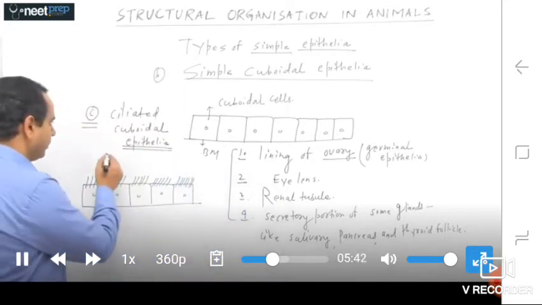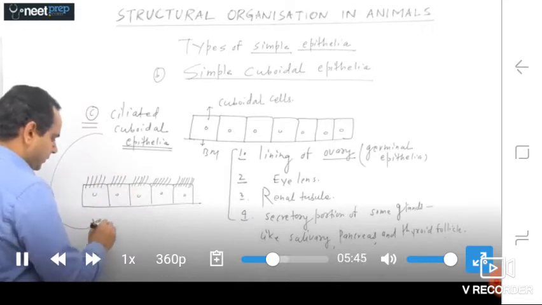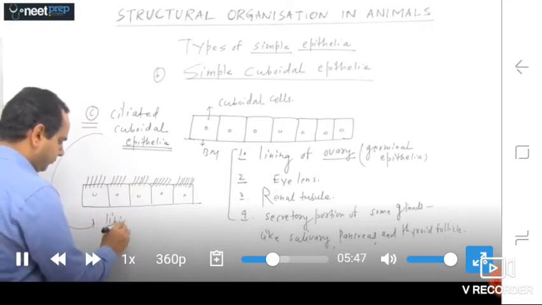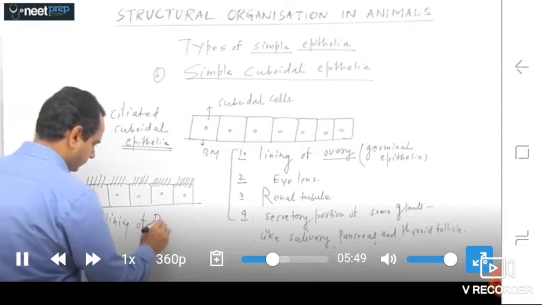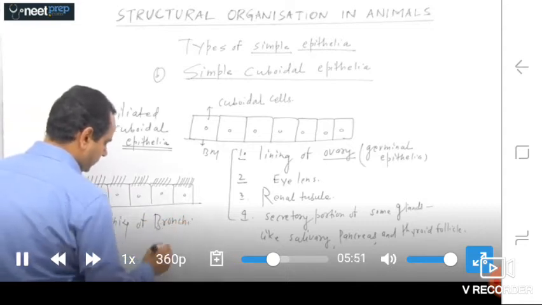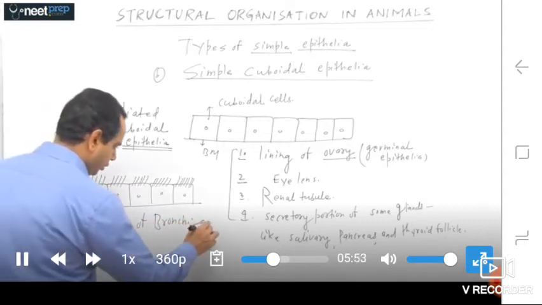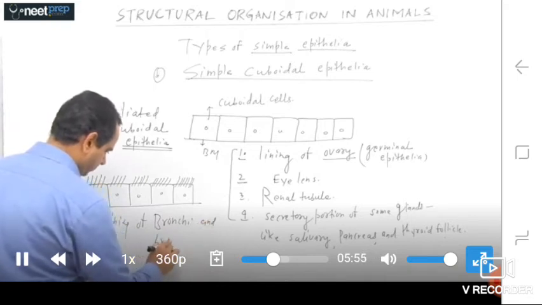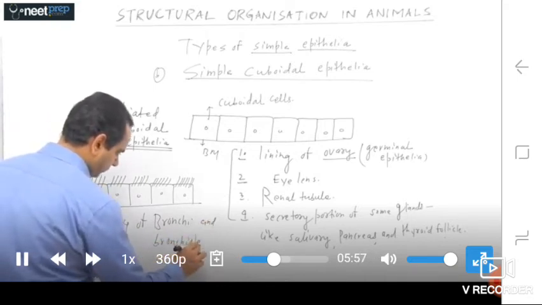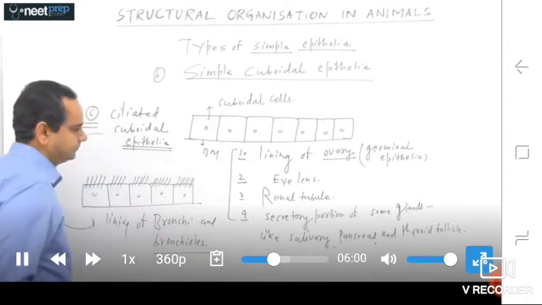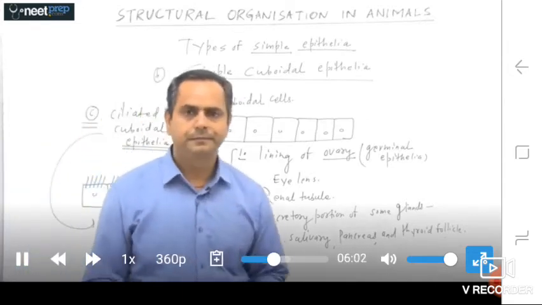Example of that simple cuboidal epithelia is lining of inner bronchi and bronchioles. That's fine.